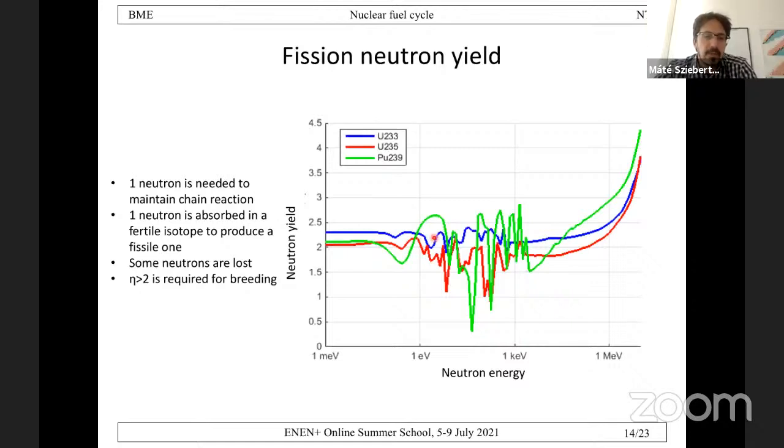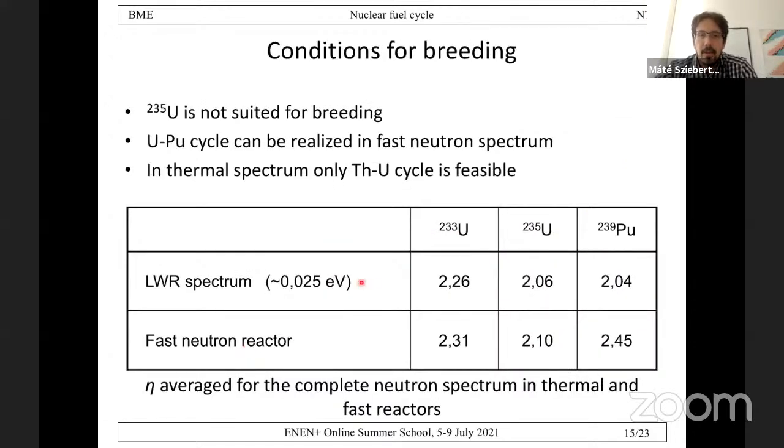So that relates to the thorium cycle, the use of thorium as fertile material. But in the fast neutron range, you can see the plutonium-239 with quite high values. So the answer is that you need fast neutrons and plutonium-239 as fissile material in order to be able to produce fuel breeding.